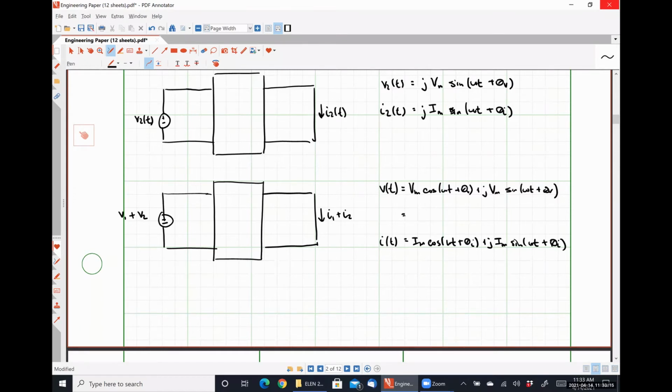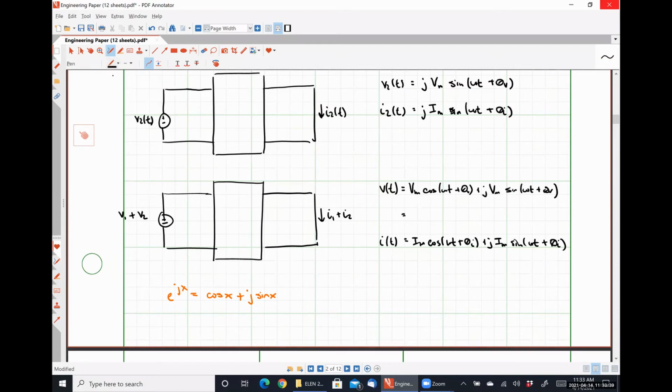Well, there's a trig identity called Euler's identity, which I'll write down over here, that says that e to the j x is equal to cosine of x plus j sine of x.